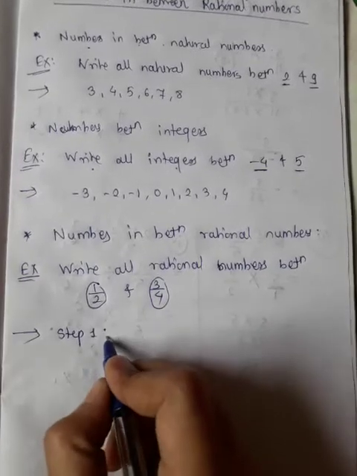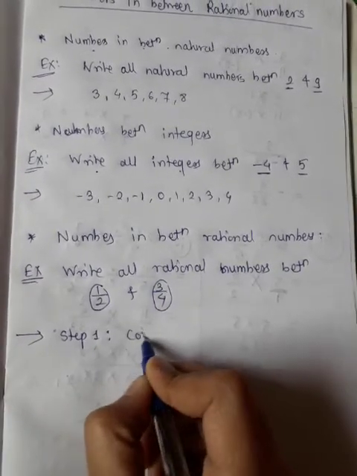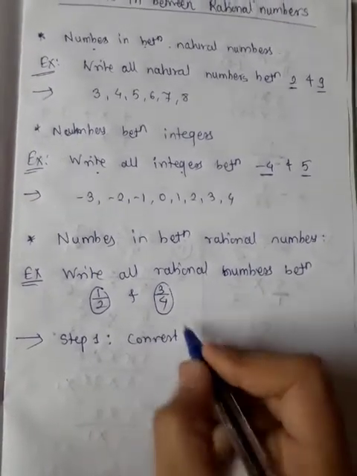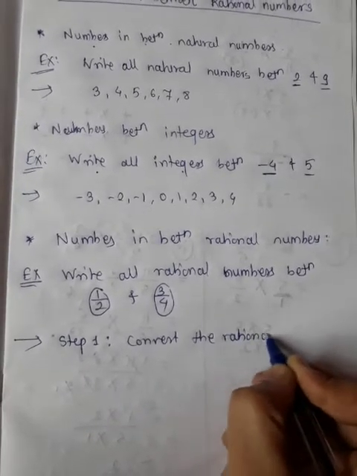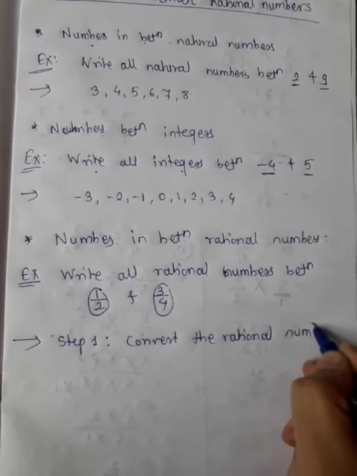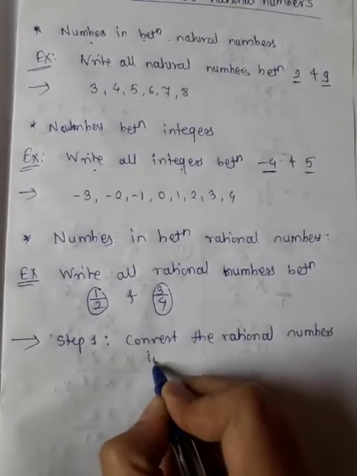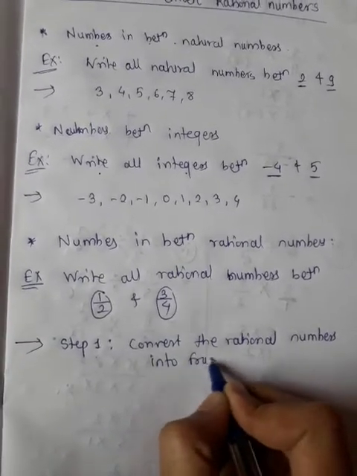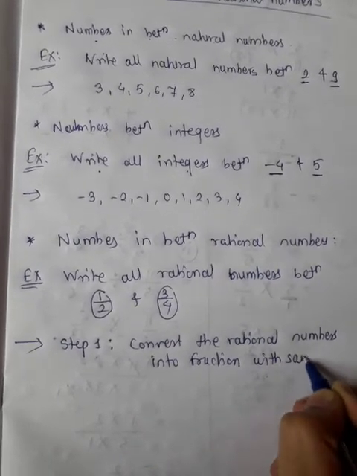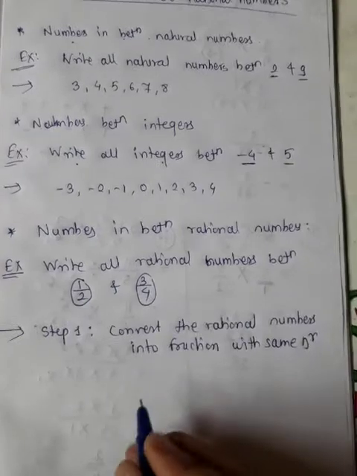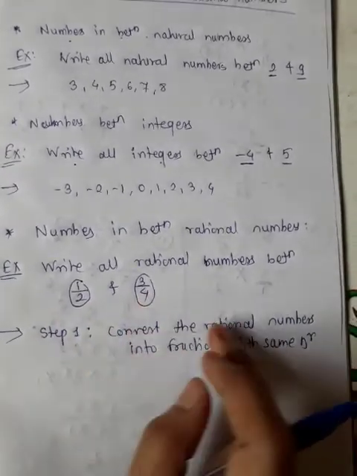Okay, so first step is convert the rational numbers into fractions with same denominator. If the denominators are not same, then only we can do this.